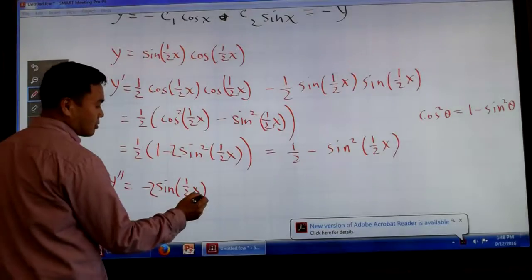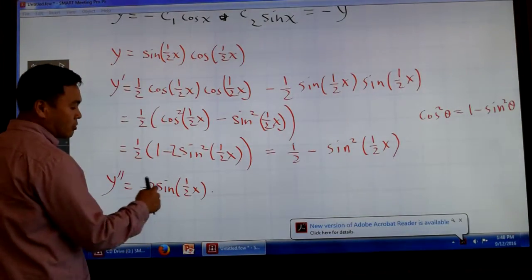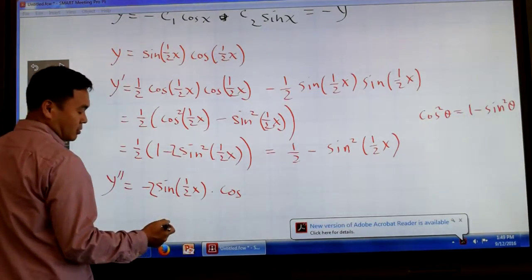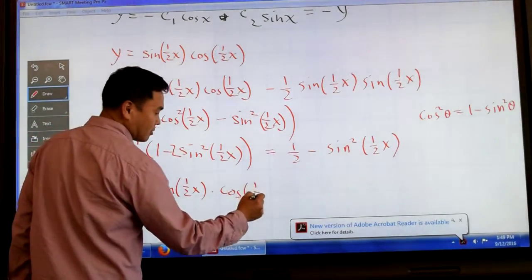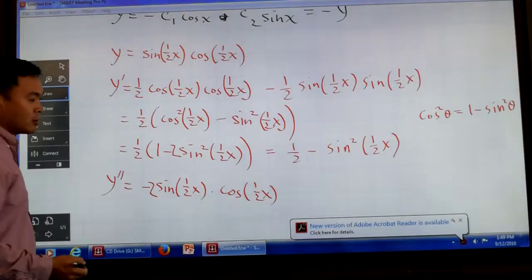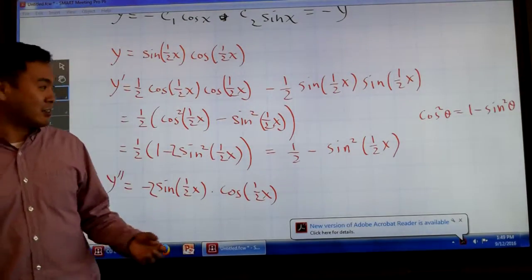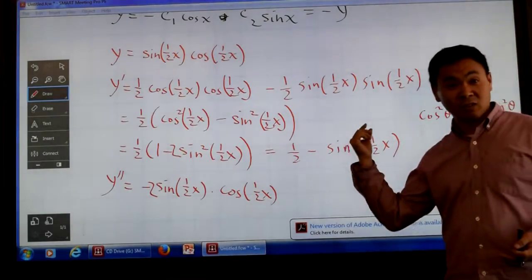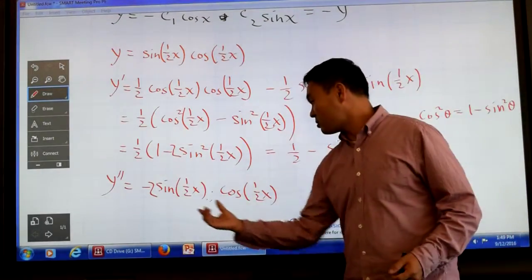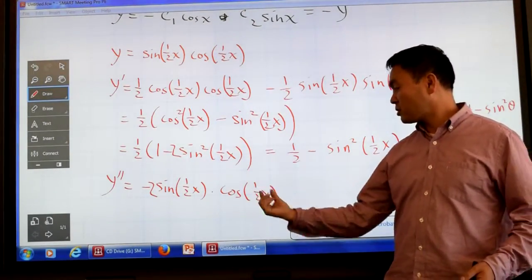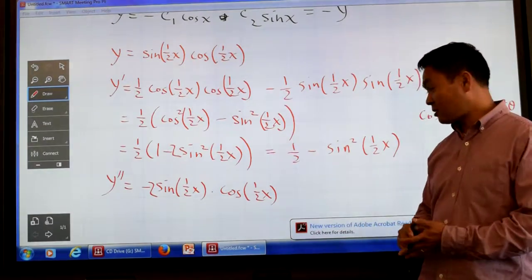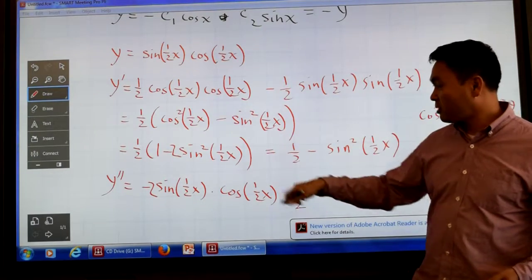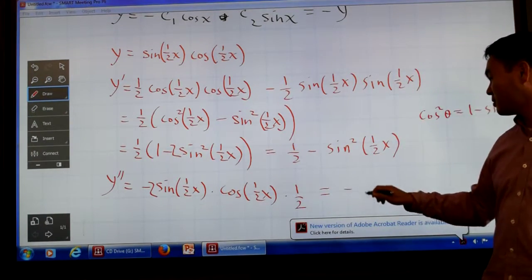And times the derivative of the inside function, which is cosine 1/2 x. But then it's actually doubly nested, right? 1/2 x is nested inside the sine function, but sine is nested inside the square function. So I pull the inside function and differentiate it, but this 1/2 x has to be pulled out and differentiated again, which gives you 1/2. Now 1/2 and 2 cancel, and what do you get?